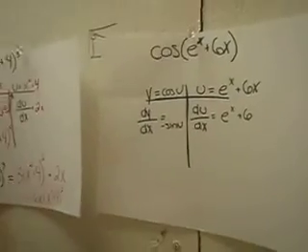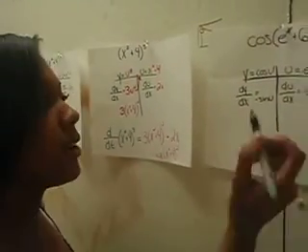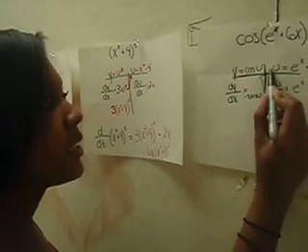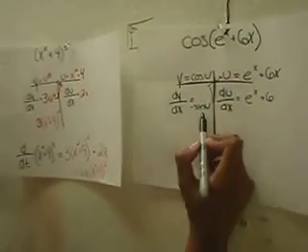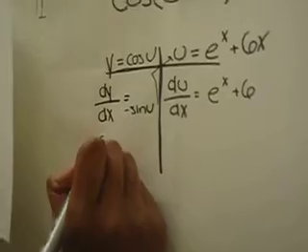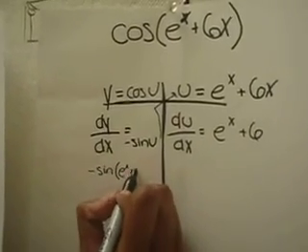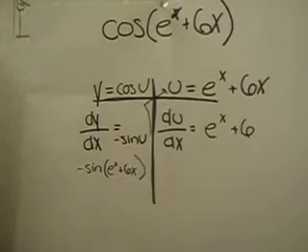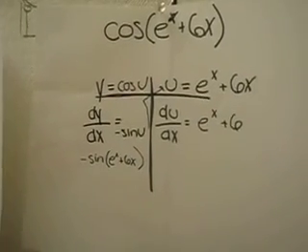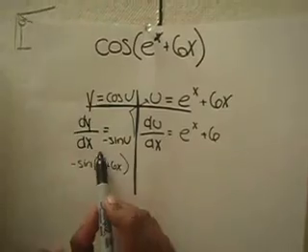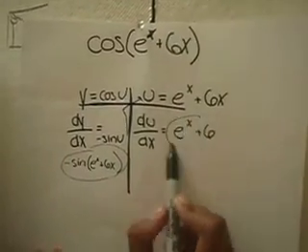Now, of course, we have to get rid of the u, so all we have to do is plug this u value in for here. So it's negative sine of e to the x plus 6x. Now again, to get the answer, we multiply this times this.